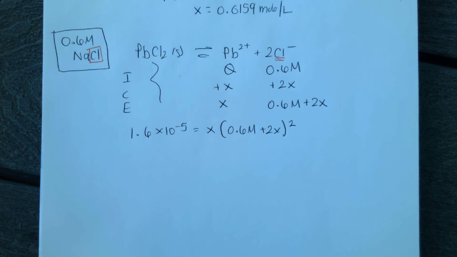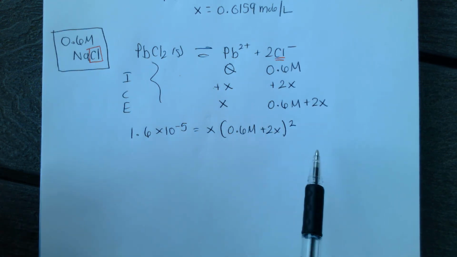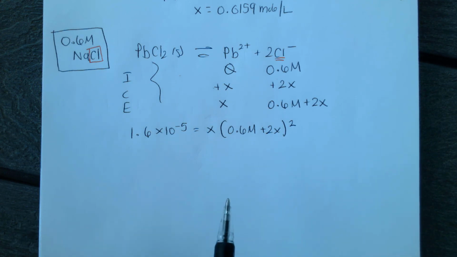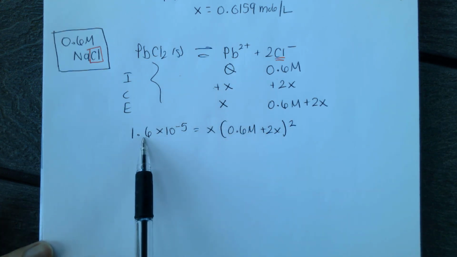Okay, so at this point, you might be kind of dreading what might have happened here. A lot of times here, we would start doing some FOIL, some multiplication to get our quadratic and solve it. But if we take a look, this is quite a bit larger than this.